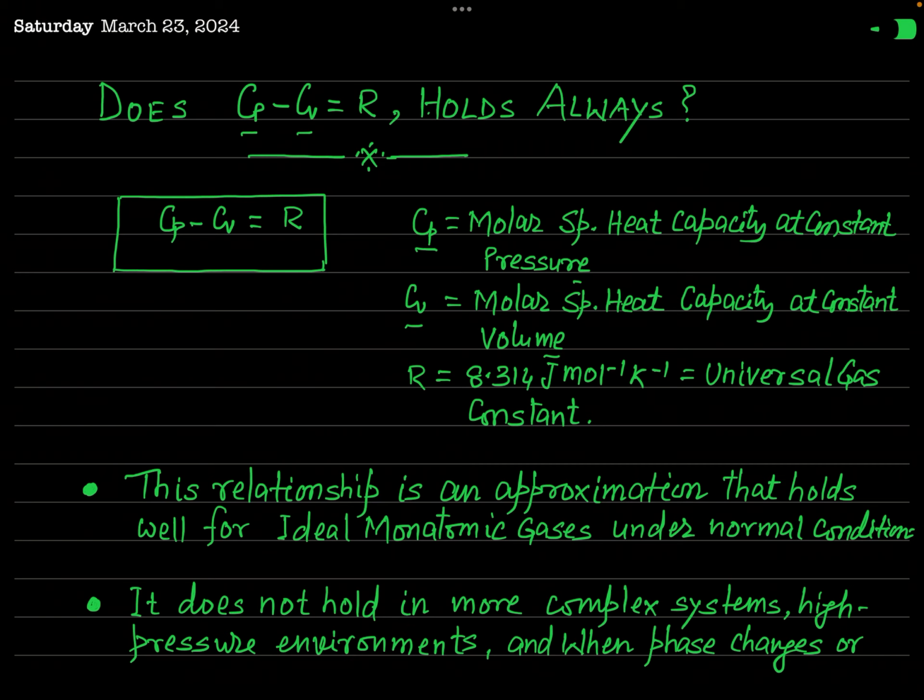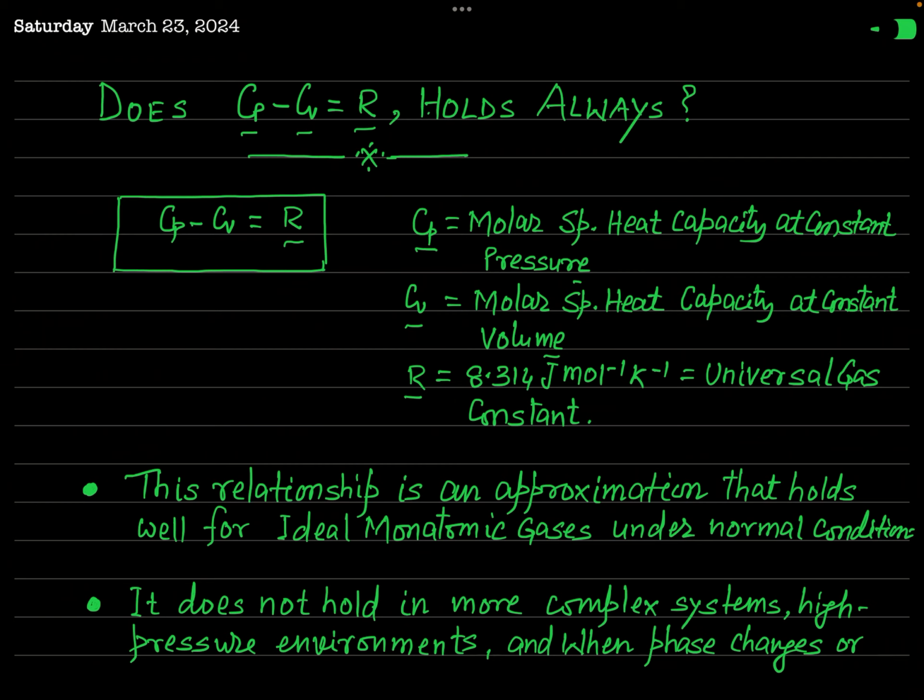And you have seen that Cp minus Cv is equal to R, where R is the universal gas constant and its value is 8.314 joule mole inverse Kelvin inverse. So when the students study this relation, they thought that this relation holds always.